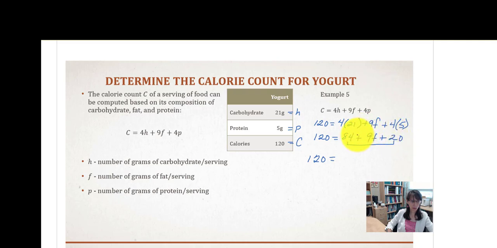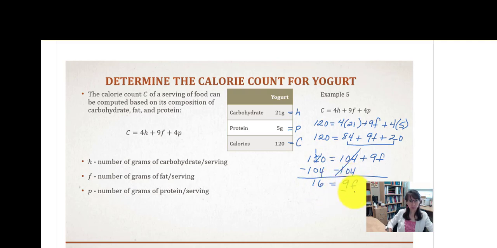And 84 plus 20 is going to make 104 plus our 9 times F. So I'll subtract 104 from each side. 120 take away 104, and that's going to leave us 16 equals 9F.